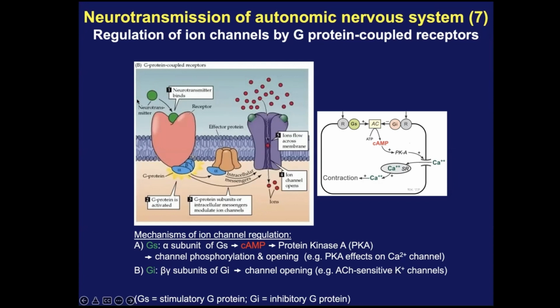When the acetylcholine binds to the receptor, the beta gamma subunits of the GI protein can directly activate the potassium channel, causing the opening of the channel. So these are the 2 different mechanisms for the regulation of the ion channels by the G protein coupled receptors.